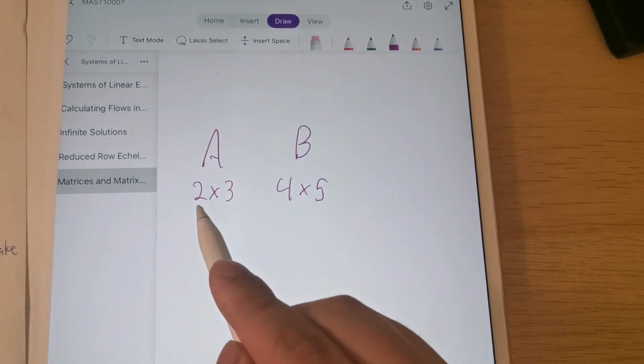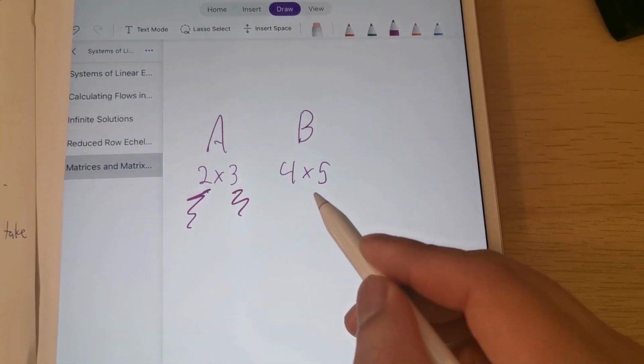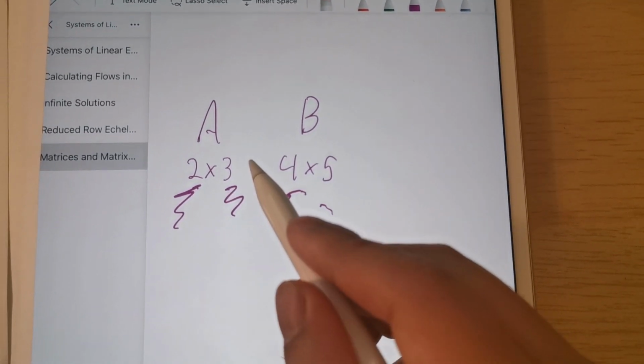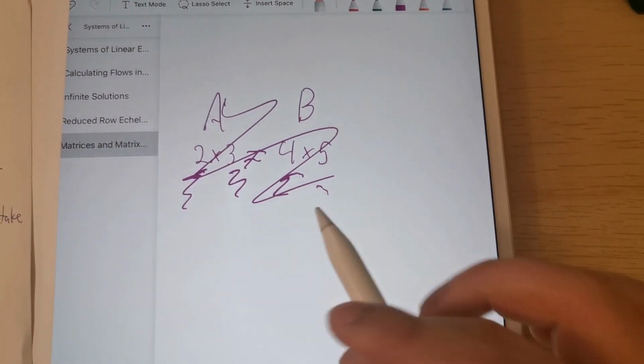The column of A and the row of B have to match. Here, 3 does not equal 4, so that doesn't match, and you can't do this.